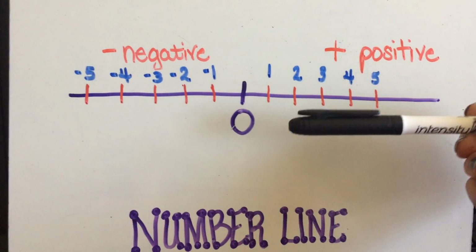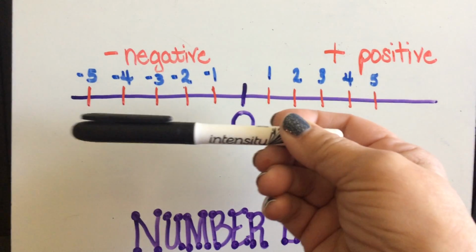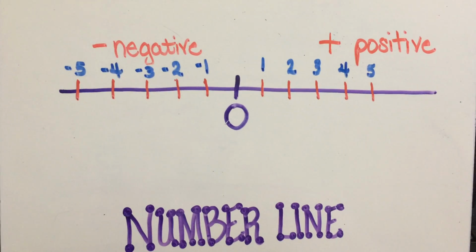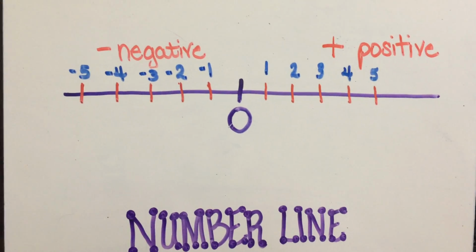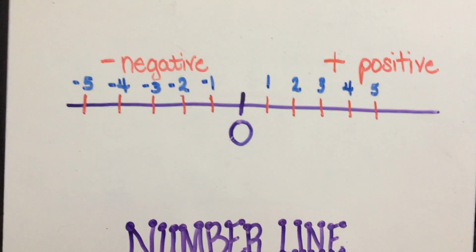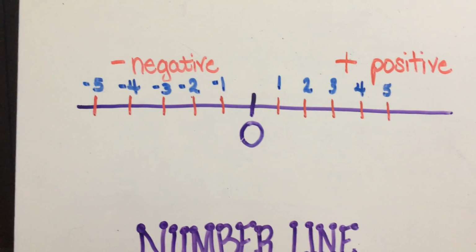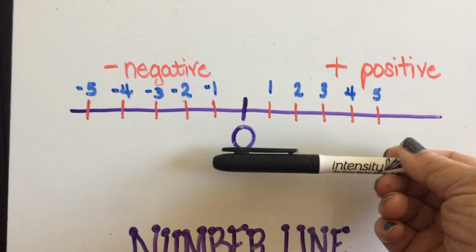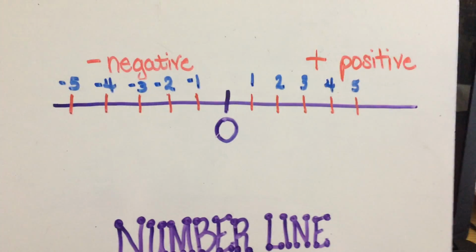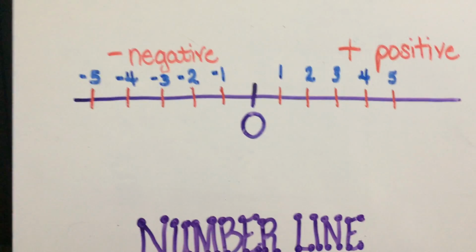Would that be a positive action or a negative action? It would be positive. You would be adding $200. What if you withdraw $10? That's taking away $10 from your account, so it would be negative. I hope that you understand that.